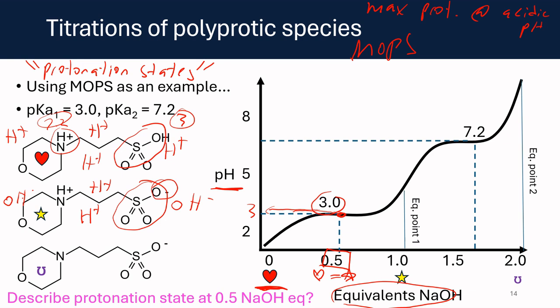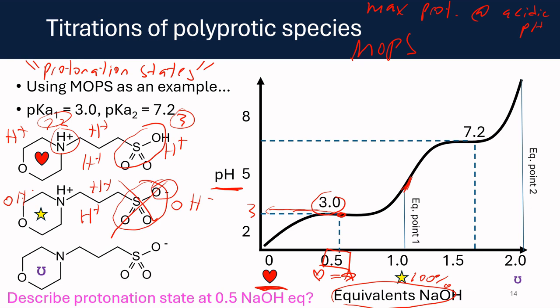So it will be 100% star at 1 equivalence of NaOH, which is in the middle of this inflection point, the steepest part of the curve, the least stable parts. Here, we're going to make a transition. We've completely run out of sulfonates to deprotonate, but the hydroxides keep on coming.